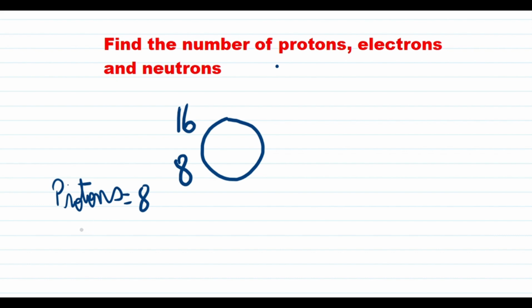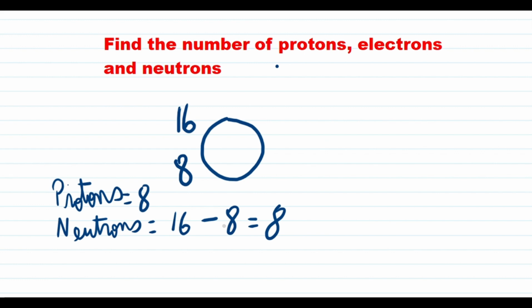And the number of neutrons, we said before that the number of neutrons is equal to the difference of the mass number. In this case, the mass number is 16 and the atomic number. So 16 minus 8, the number on top minus the number in the bottom. And that equals 8. So the number of neutrons is 8.